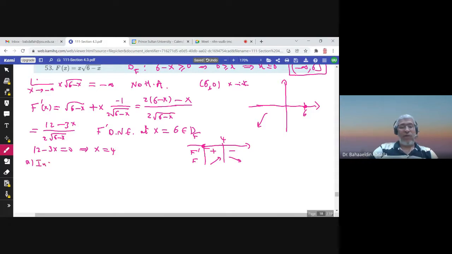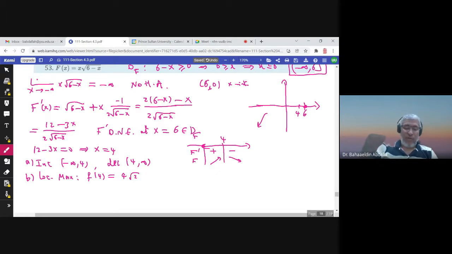So the function is increasing from negative infinity to 4 and decreasing from 4 to infinity. So 4 is an important number. If this is 4, I have a local maximum at 4. So f of 4 is a local maximum. And f of 4 would be 4 times the square root of 6 minus 4, 4 times square root of 2.